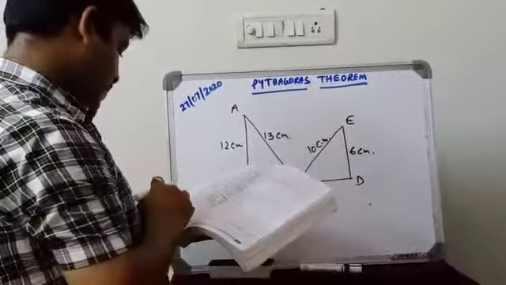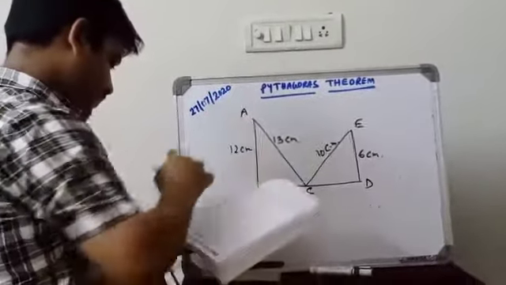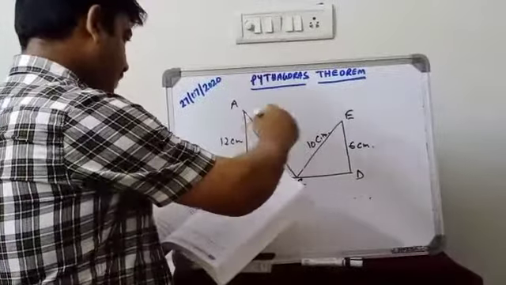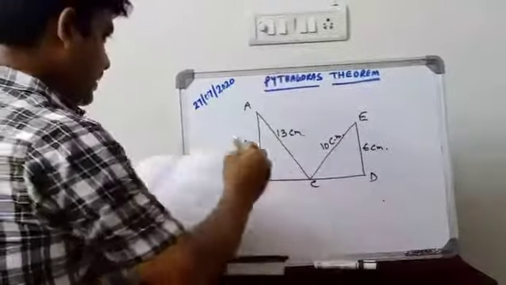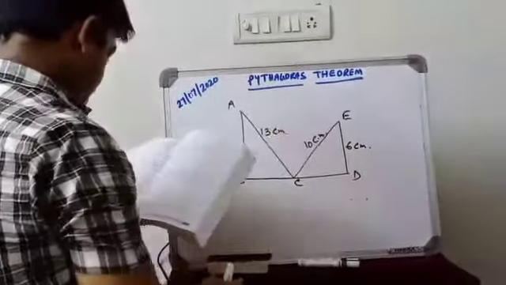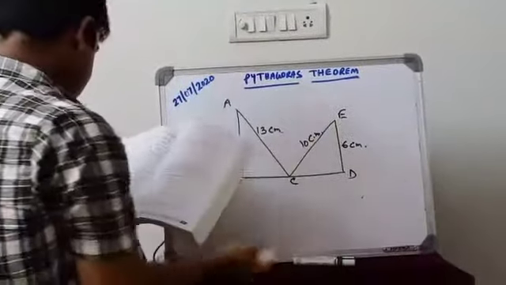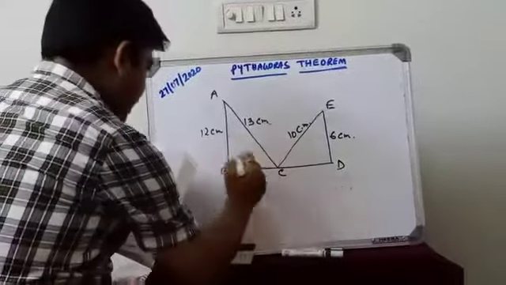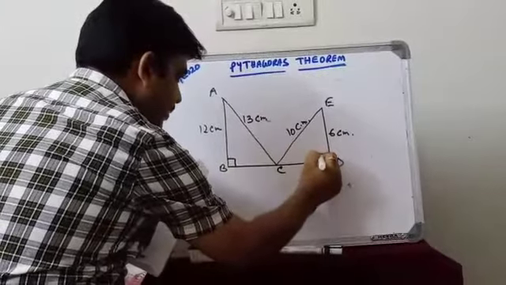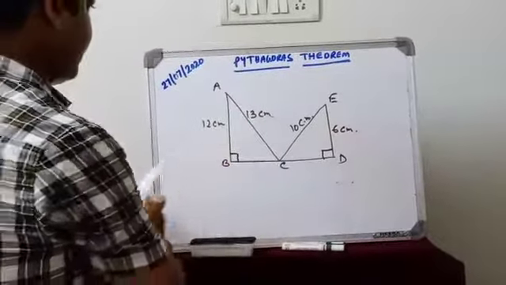In the figure, AB equals 12 centimeters, AC is 13 centimeters, CE is 10 centimeters, and DE is 6 centimeters. Calculate the length of BD. This angle is given as 90 degrees, and this angle is also 90 degrees.